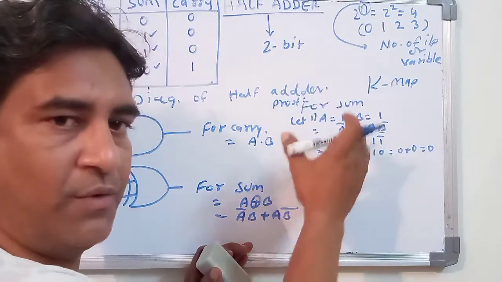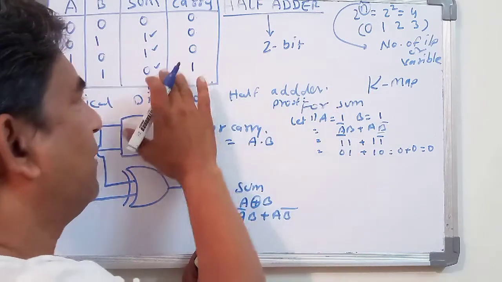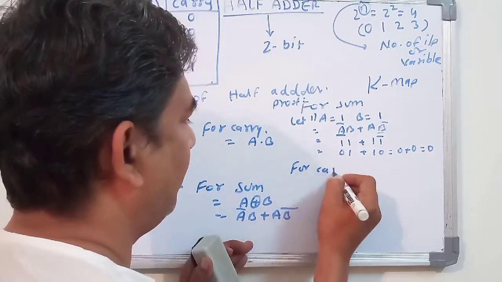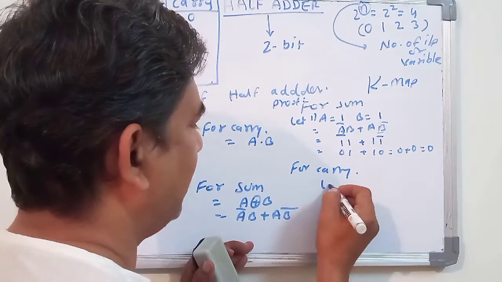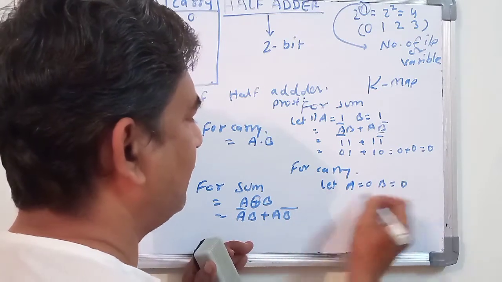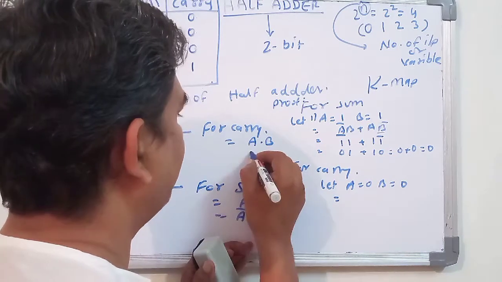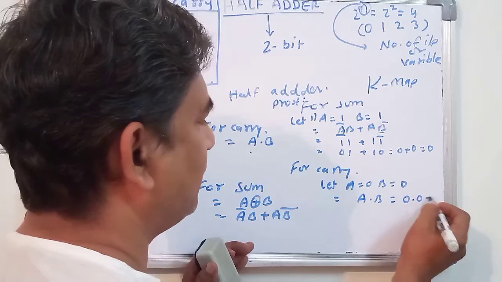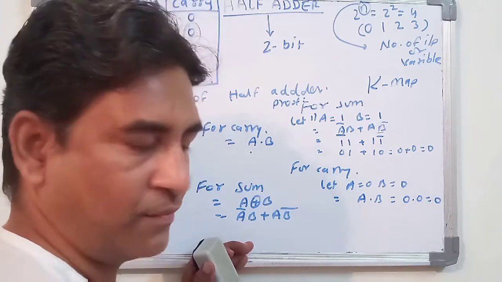So in your examination you have to write down 1 2 3 4 for the sum, and then we will see the carry. For carry, again the same process, let a is equal to 0 and b is equal to 0. Now you have the logical equation for the carry, a dot b, so 0 dot 0 is equal to 0.